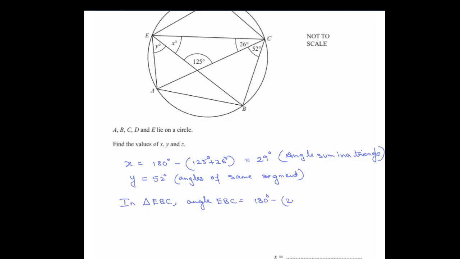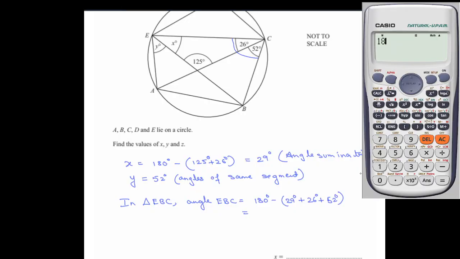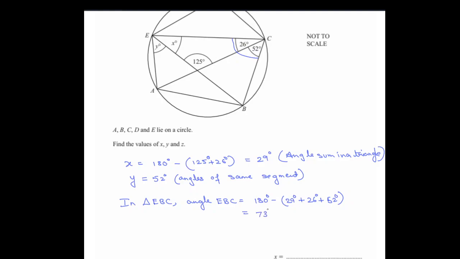X value is 29 plus, and we know 26 plus 52. This whole angle comes in this triangle. So 26 plus 52. Find out that 180 minus 29 plus 26 plus 52, 73. So when angle EBC is 73, now the opposite angle we have to find out using the opposite angles of a cyclic quadrilateral are supplementary. That is, when you add them, it is 180 degrees. So 180 minus 73, you get the value of Z.